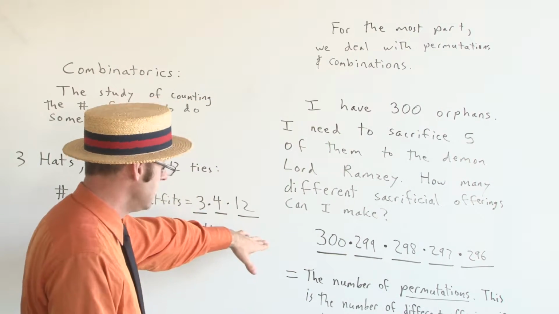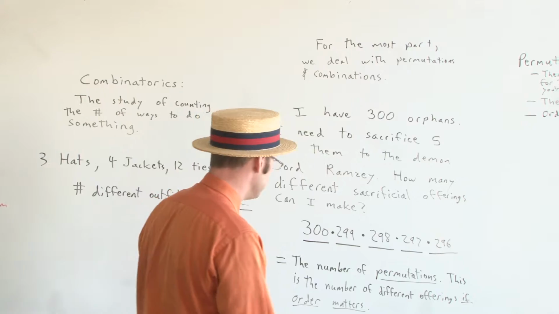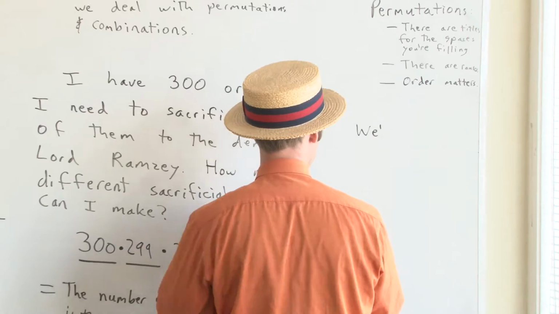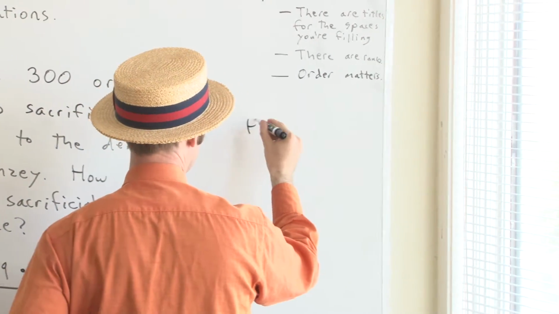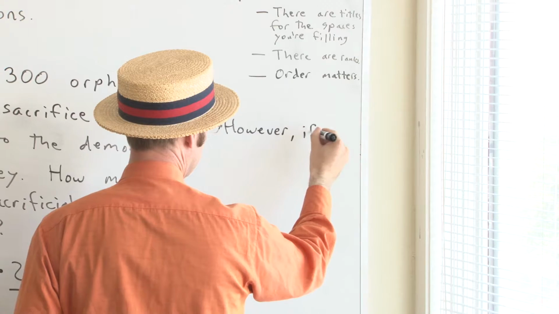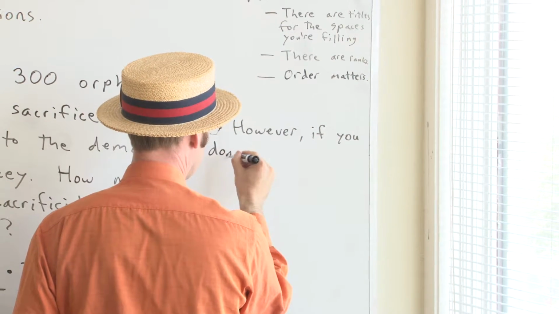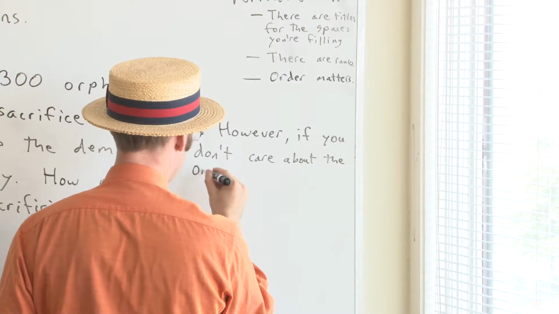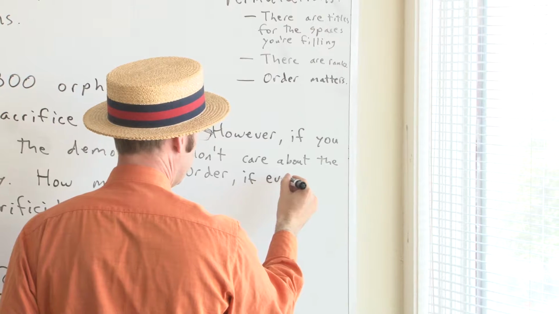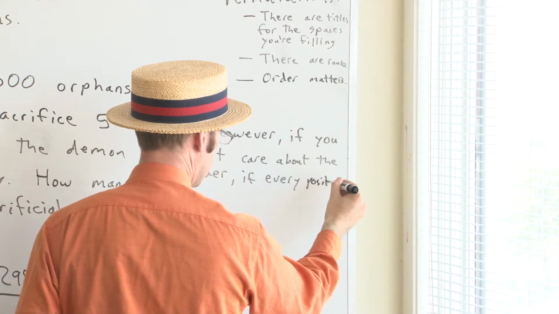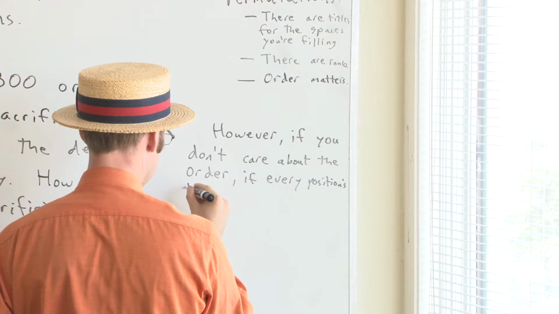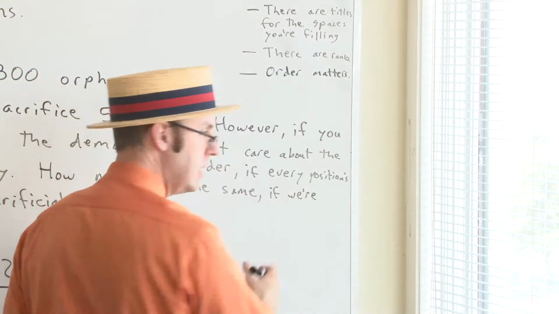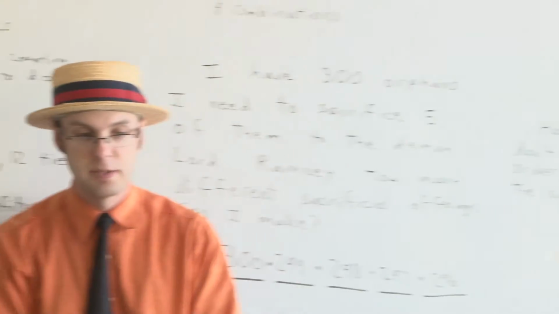So in those cases, this is what you would do. However, for us, if you don't care about the order, if every position's just like any other, if we're effectively just throwing these orphans into a sack and tossing it on the demon's plate, right?